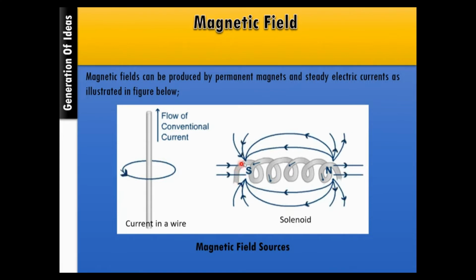If you bend your current element in the form of a solenoid, this is how the magnetic field is oriented between the north pole and the south pole. So a magnetic field can be generated by a permanent magnet and also by wires when there is current flowing in the wires.